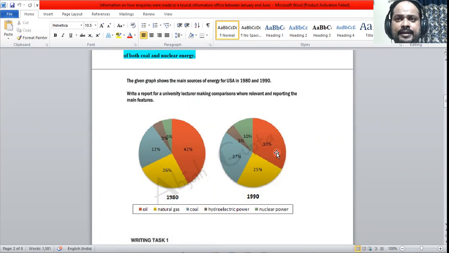But there was a decline. Individually, oil was 42% and it declined to 33%. Natural gas was 26%, it declined to 25%.